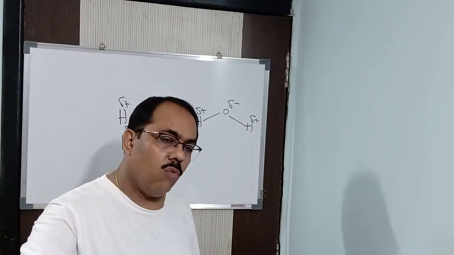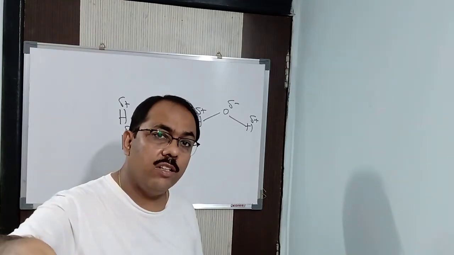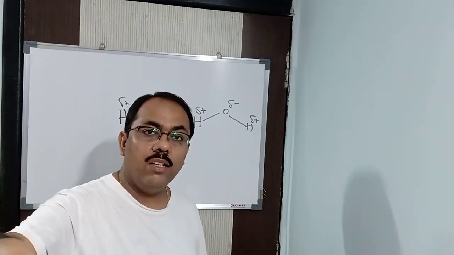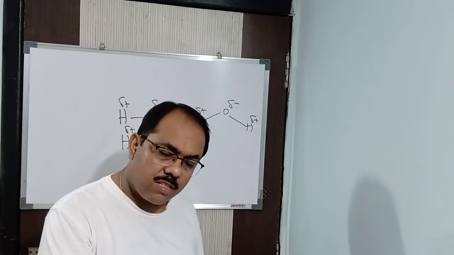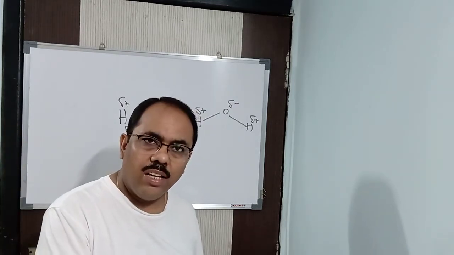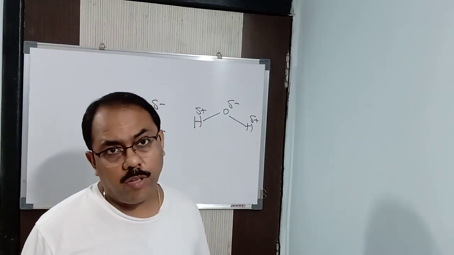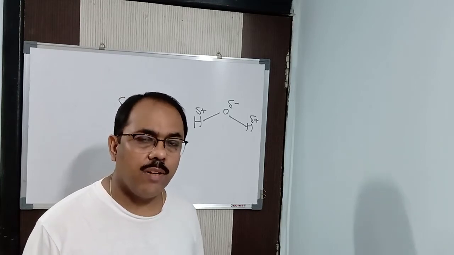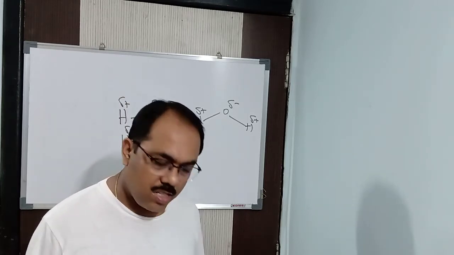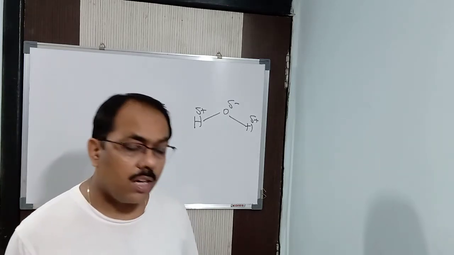Then the charges are unequally distributed. 7 means excess, 3 means deficiency. So when a difference is created between them, polarity results and charges develop. When polarity results and charges develop, that particular compound is known as a polar covalent compound.